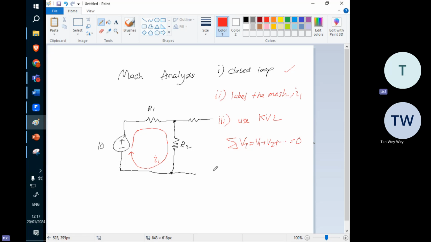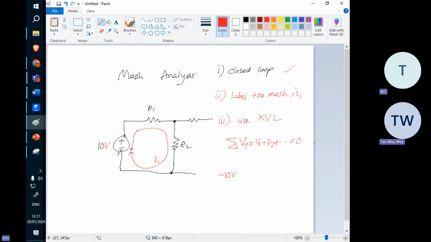Okay, that means we have negative 10 volt because we start from this point, negative. So we write negative 10 because of this negative. We start from the left hand side. This is the right hand side.